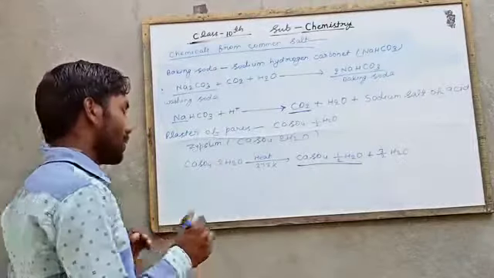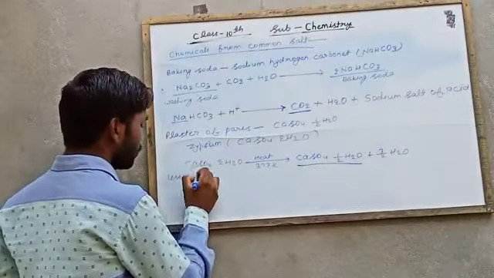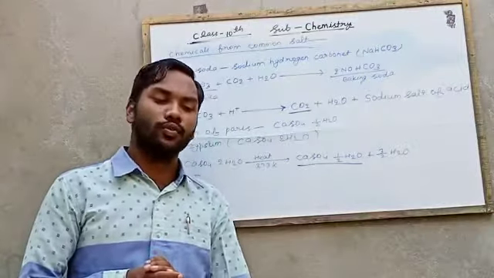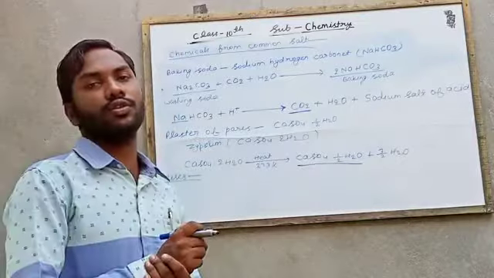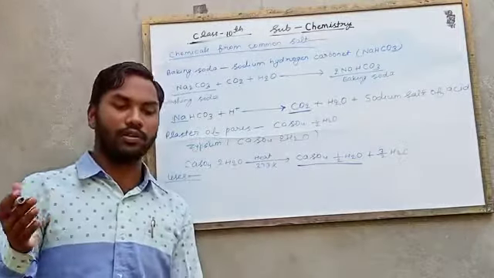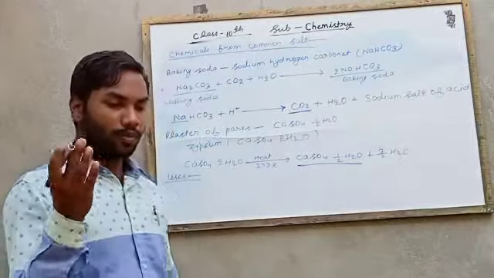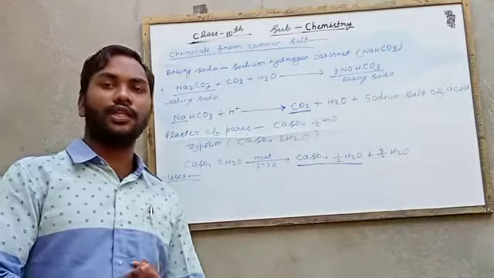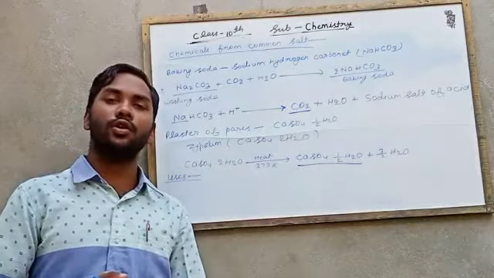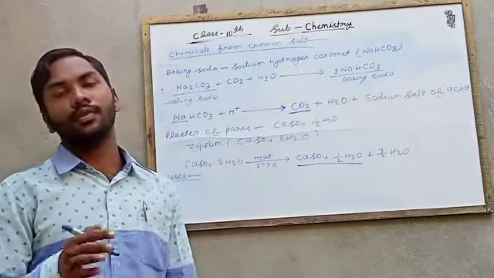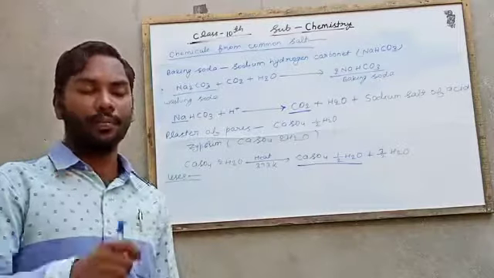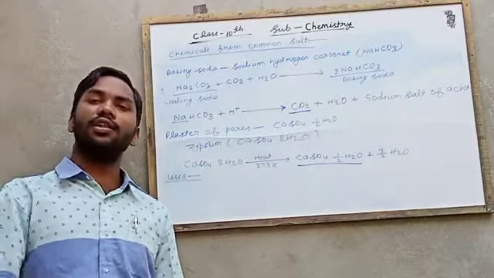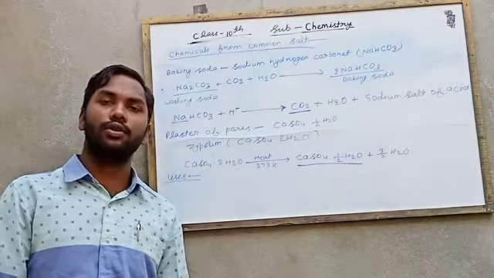Uses of plaster of Paris: it is used to make molds or casts of toys, pottery, ceramics, etc. It is used in laboratories to seal the gaps of apparatus, and for covering walls and ceilings to make designs.